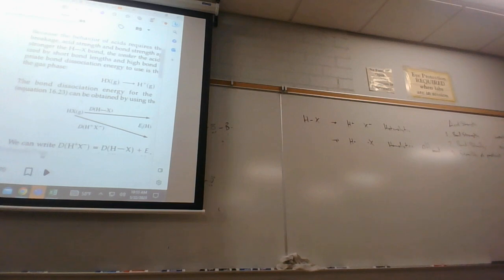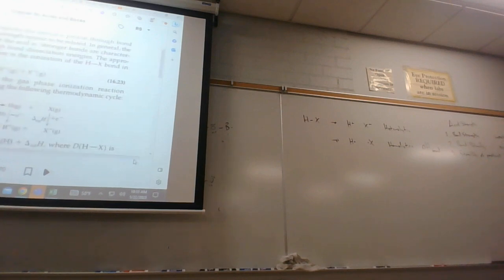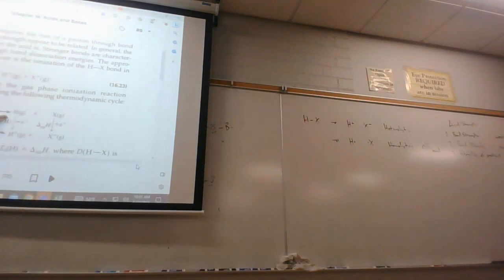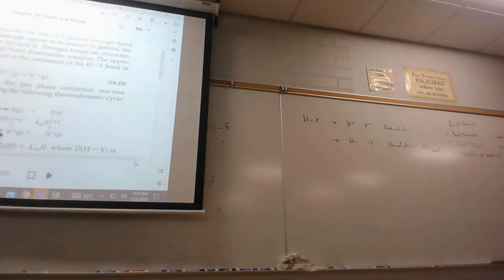And so this is what they're showing here. This is heterolytic bond cleavage here. The bond dissociation energy, which they're calling D, for the HX bond, is homolytic. If we want the heterolytic, we can either measure it directly, which might be difficult, or we can use Hess's law.